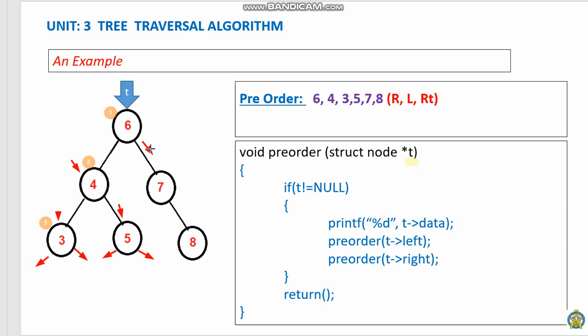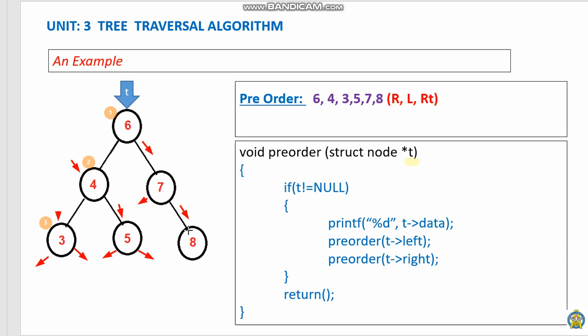Now right calling. So it comes here. Then again root here is 7. So it prints 7. Then it goes to the left. Left is null. So it comes back. Goes to the right. Right there is a tree. So again when it comes, if you count, this is first, second, third, fourth, fifth, 6th, 7th, 8th, 9th, 10th, 11th.